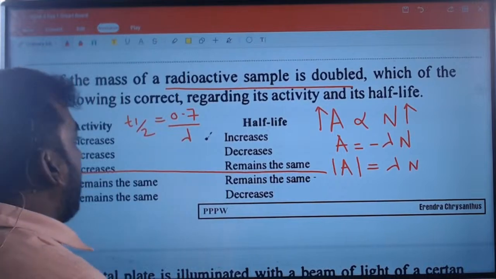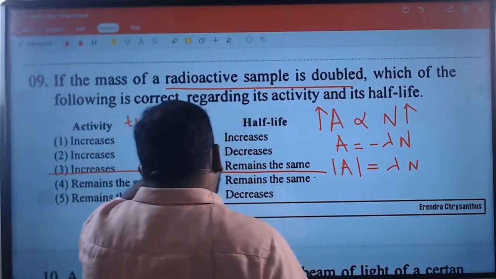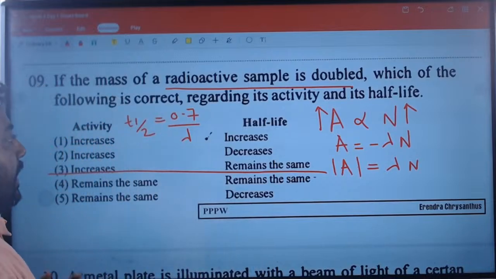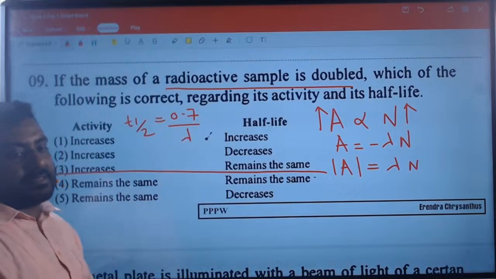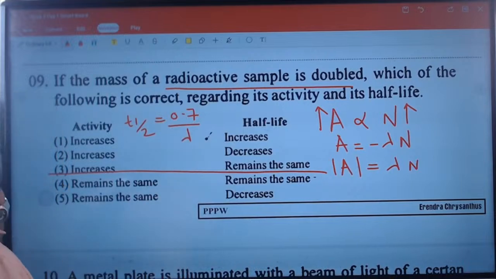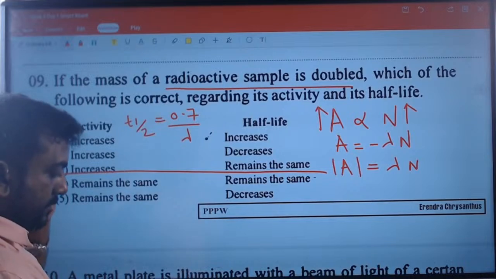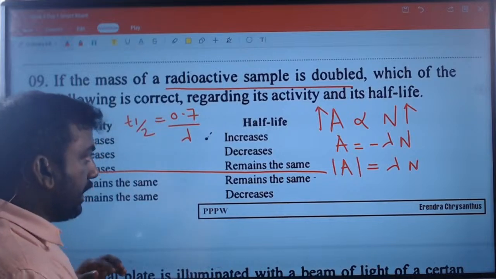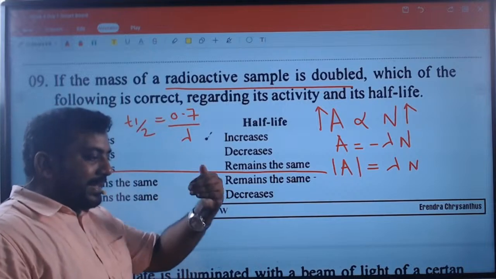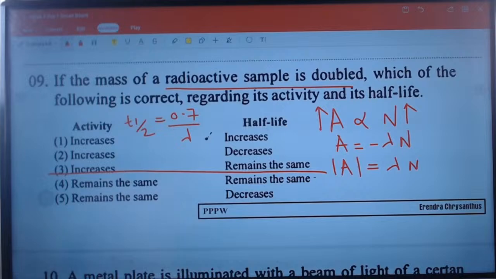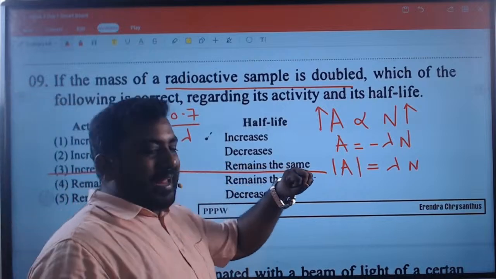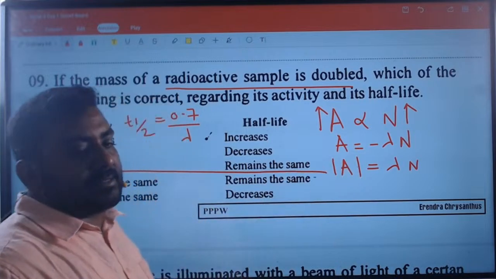When we double the mass, the number of nuclei will increase. When number of nuclei increases, activity will increase.